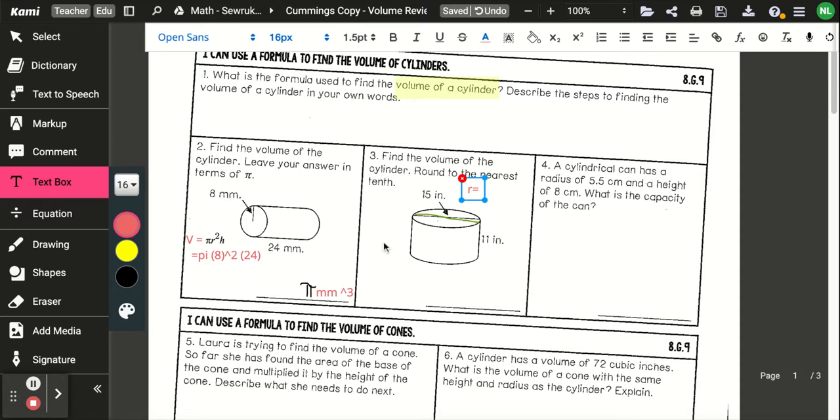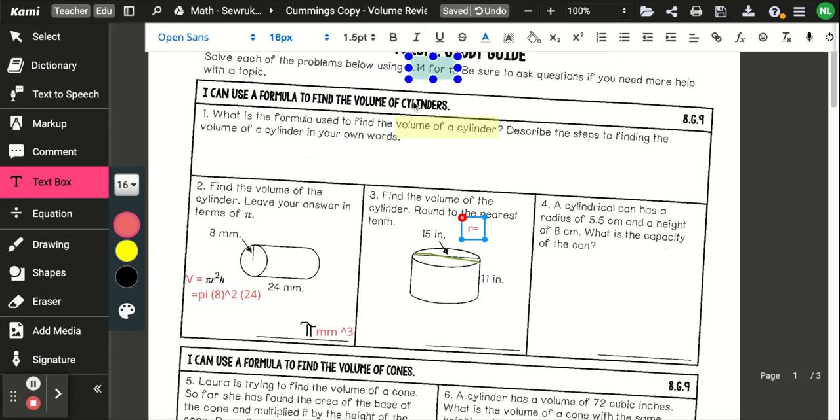You need to rewrite the formula, V equals pi r squared times height, and then plug in the values. You are actually using pi in this one, so remember, you're using 3.14. You're multiplying it all out in your calculator, and you have to round to the nearest tenth. So make sure you do that. You should know how to do that by now.